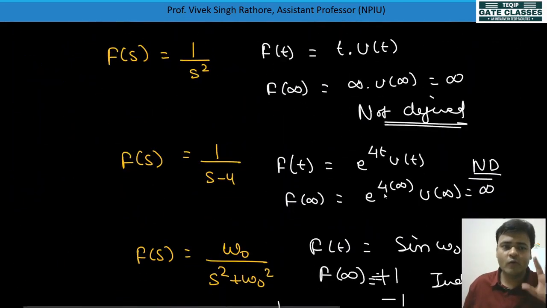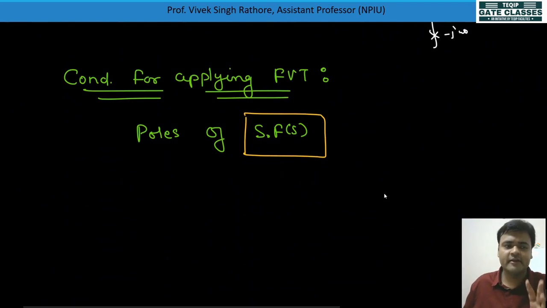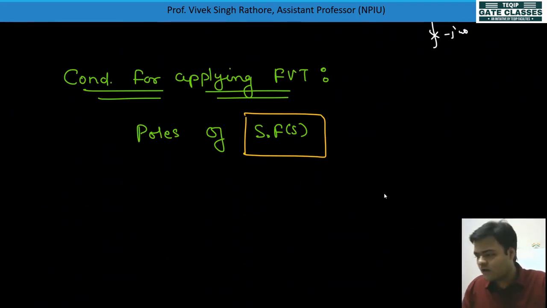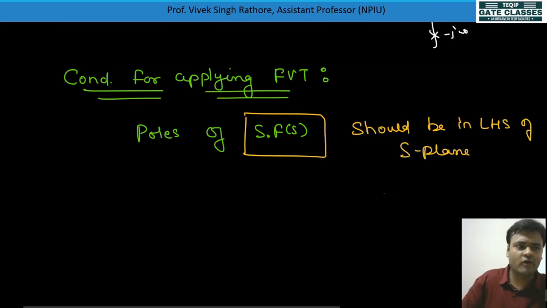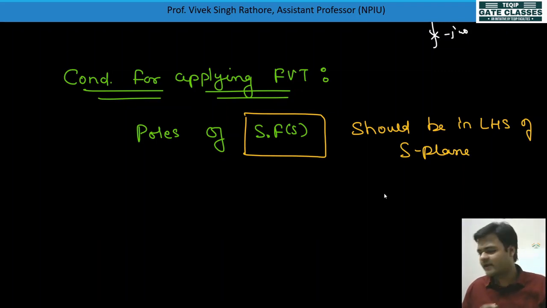I am not telling only poles of f of s, I am telling you the poles of s into f of s should be in the left hand side of s plane. This is the first and foremost condition for applying the final value theorem.